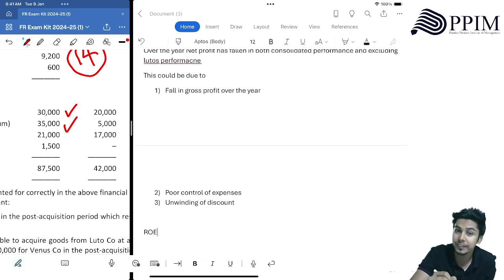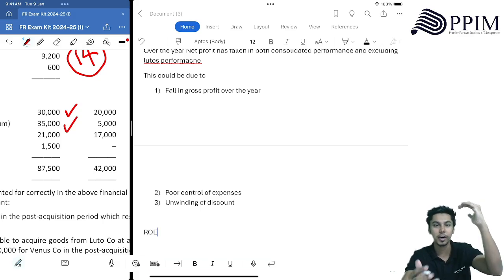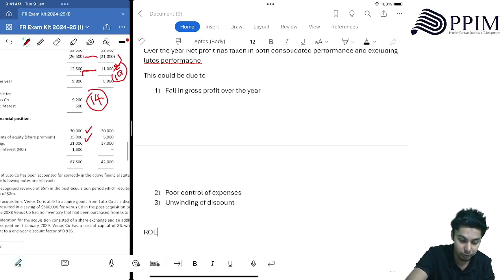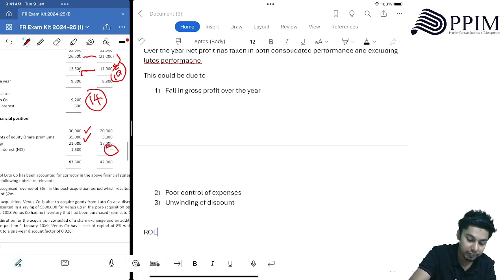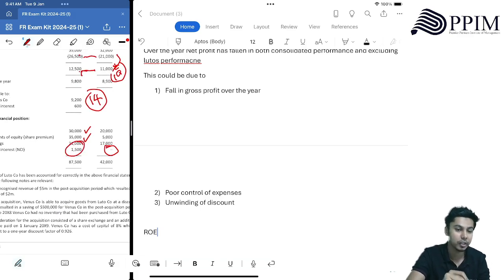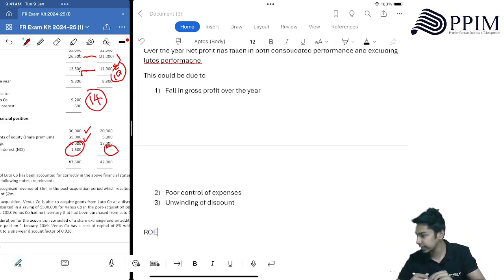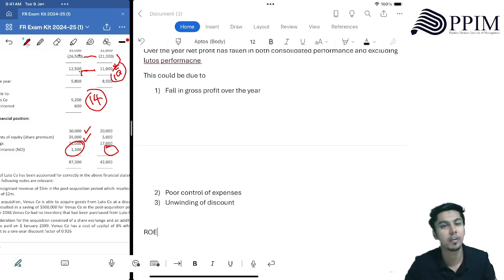By going for a share exchange. So equity has gone up, meaning the ROE will fall because the denominator is big. And also, last year we don't have NCI, this year we have NCI, so the equity is even bigger. Because of those reasons, our ROE has fallen down.